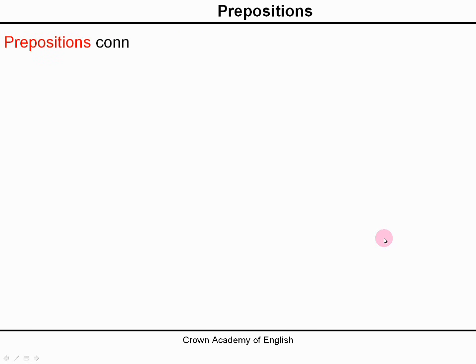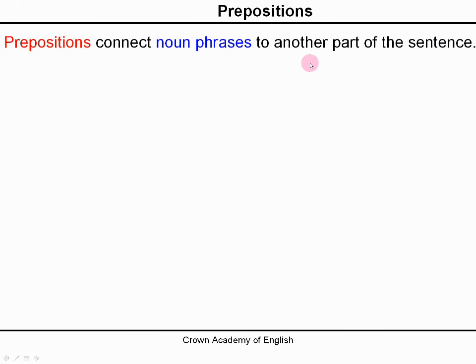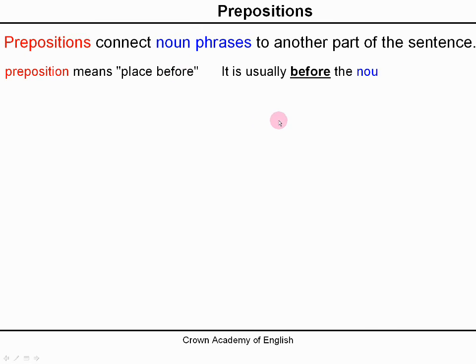Prepositions. They connect noun phrases to another part of the sentence. And the word preposition, it means place before. And that is because the preposition is usually before the noun phrase.